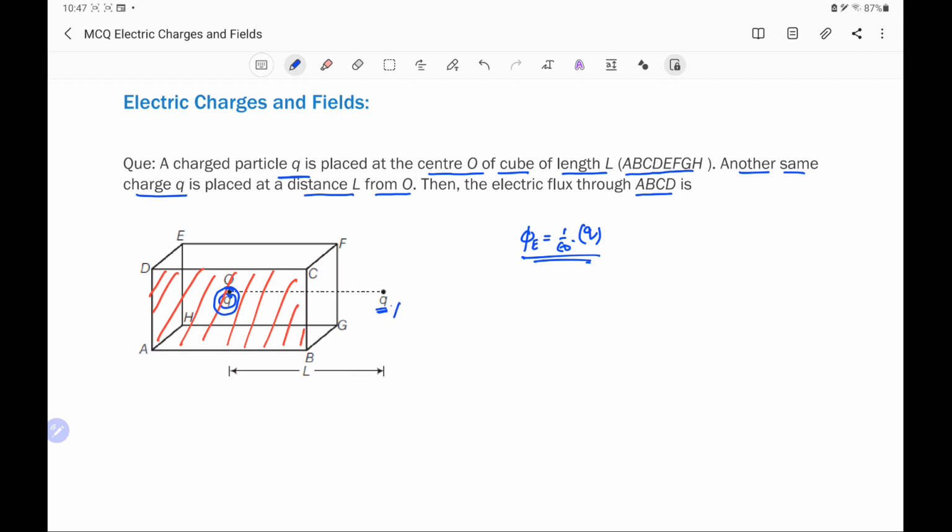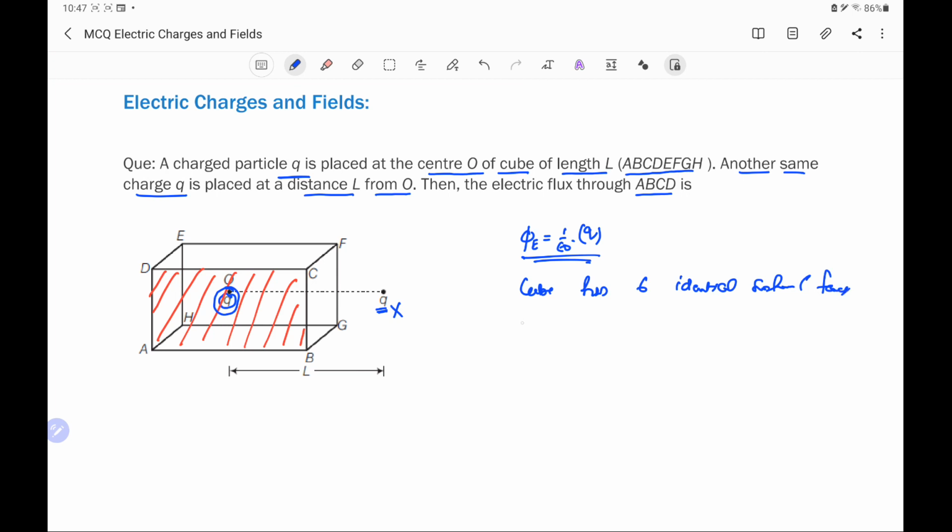So there is no role of this outside charge, and this flux of q by epsilon naught is linked with this cubical surface, and this cube has 6 identical and symmetrical surfaces or faces.